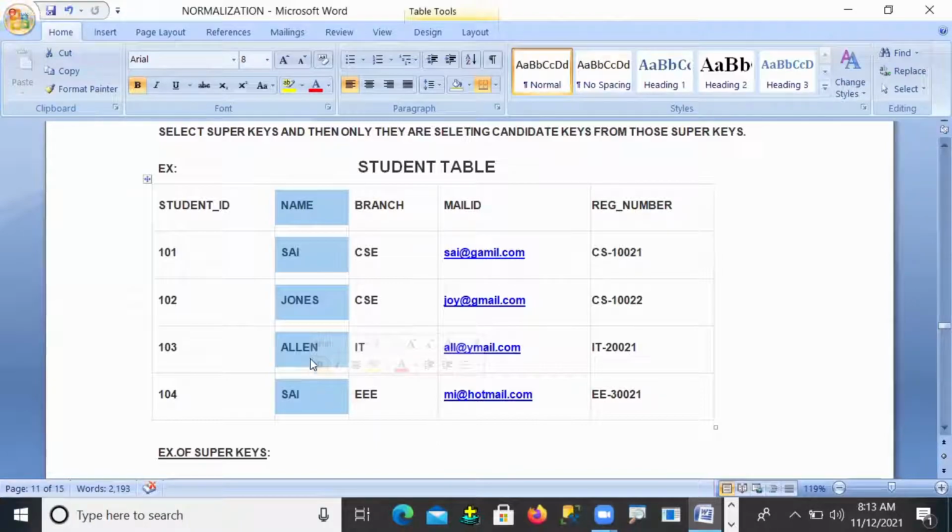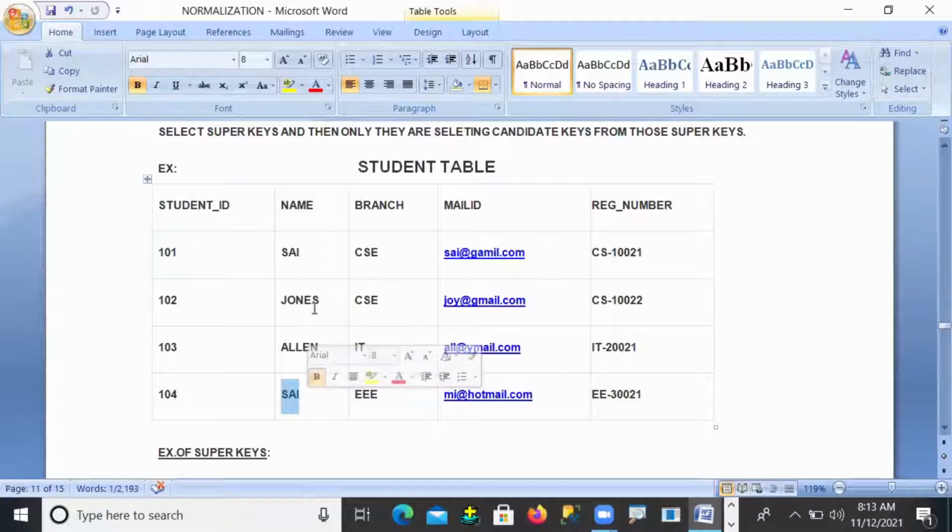No, we cannot say it is a super key column. Why? Because in the name column, we have a duplicate value. Sai duplicates are there. Super key column means each and every row value should be uniquely identified. But your first row Sai and fourth row Sai are duplicates. That's why this is not a super key.